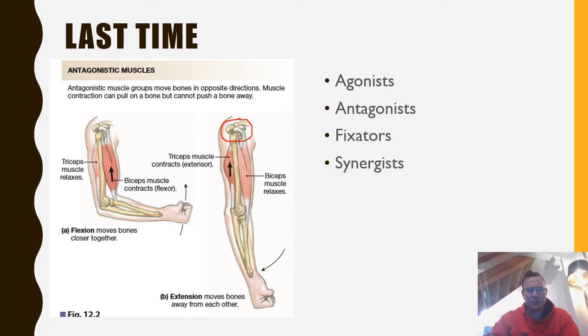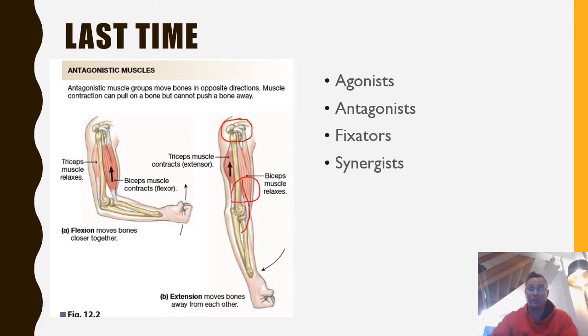So that's fairly straightforward. Fixators fix the origin of a muscle, and for synergists you get different descriptions. I tend to think of them as a muscle that helps out the prime mover. So in this case, you'll have a muscle down here called brachialis, which crosses over there.